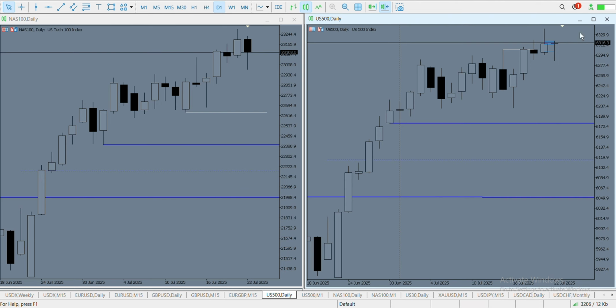The same idea is here on US 500, but it would be best if we had a swing high here that is easy to spot, that comes with the explanation of a fractal in price. It would be very nice if you had this in US 500 here, but we'll see what we have tomorrow.